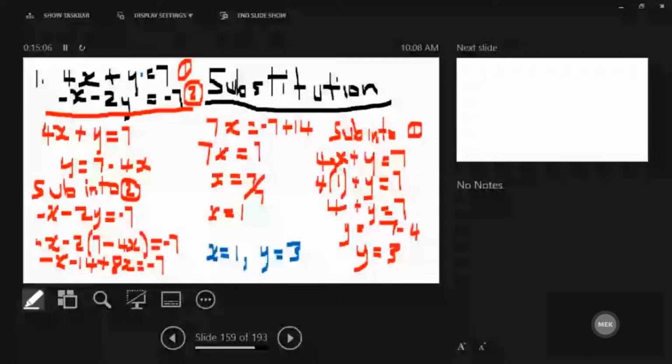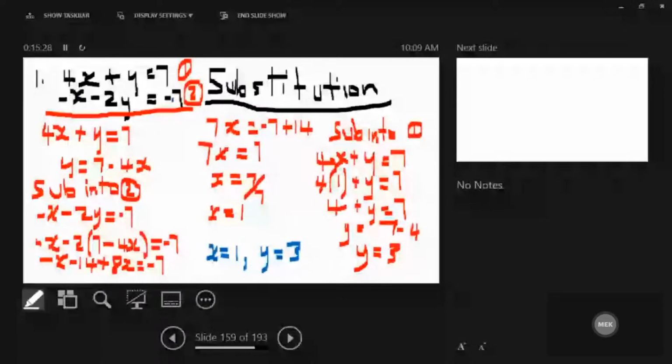And negative 2 times 3 is negative 6. And this is negative 1 if x is 1. So negative 1 minus 6 would give negative 7. So that checks out as well.